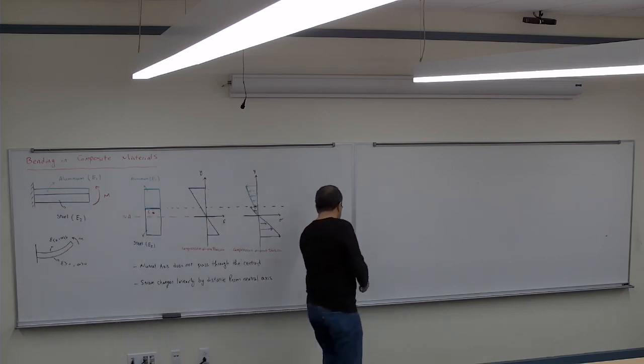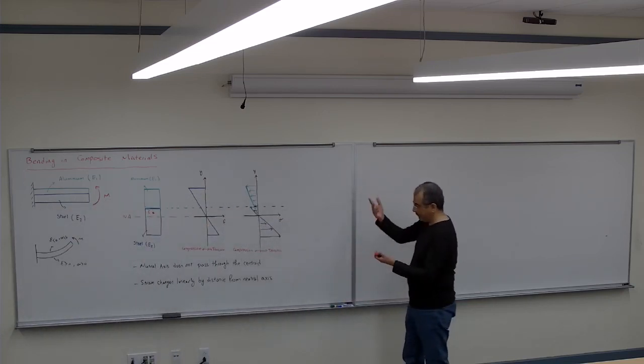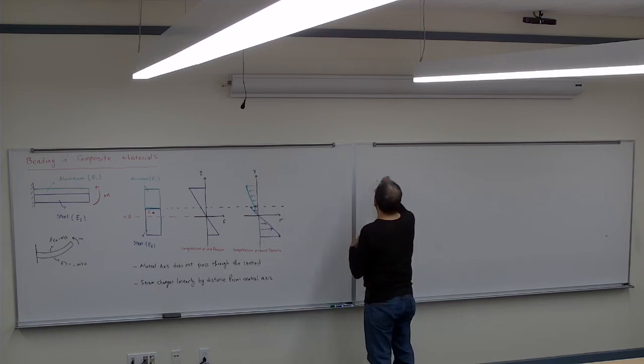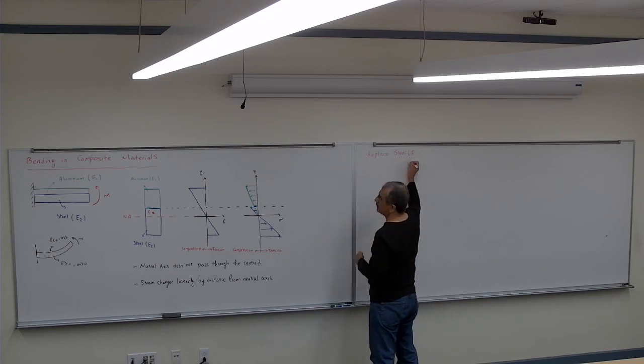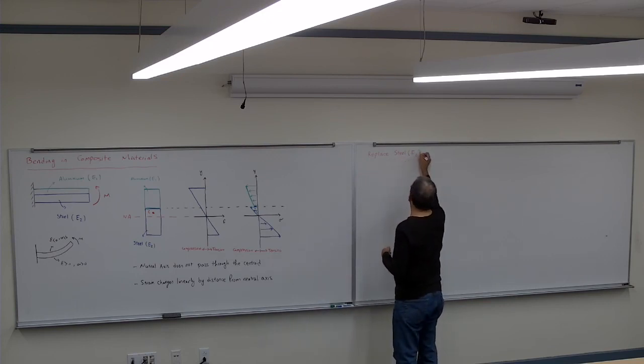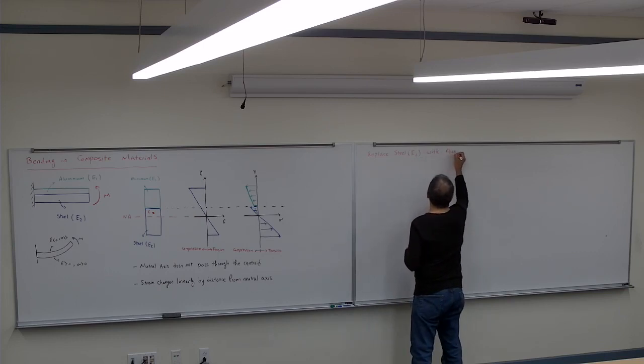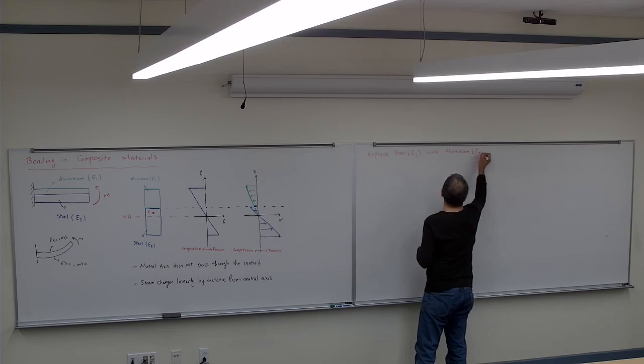It's easier to see what happened this way. Replace steel, which is going to be the E2, with the E1.